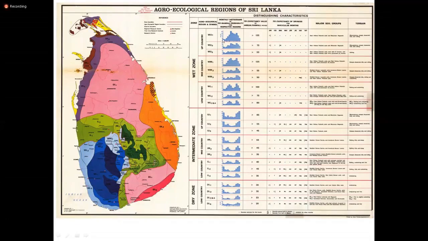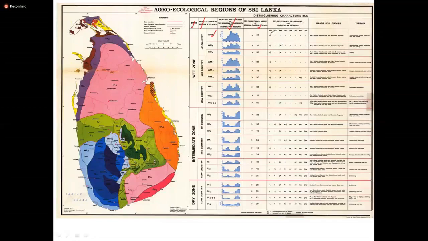You can see the characteristics developed in the agroecological region map. The zones are there, upcountry and mid-country, and these classifications I have already mentioned. The notation is there, then the rainfall pattern, then the expectancy of annual rainfall.